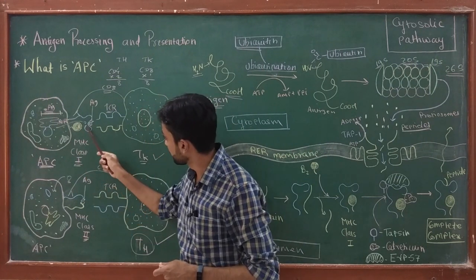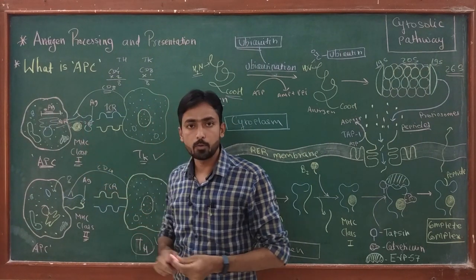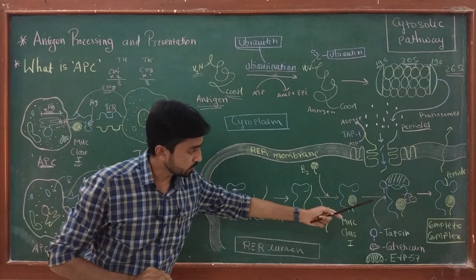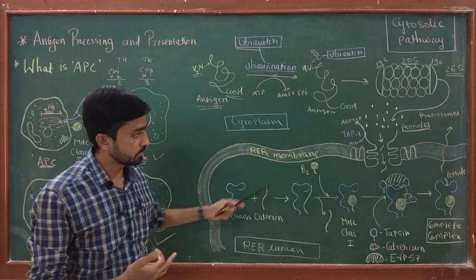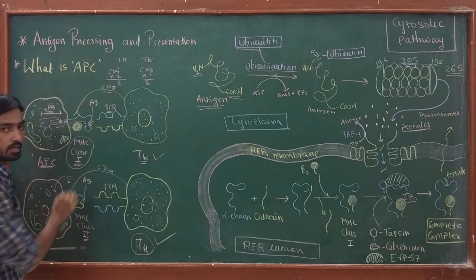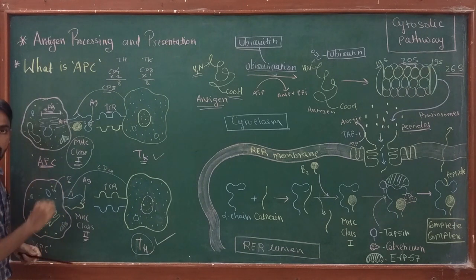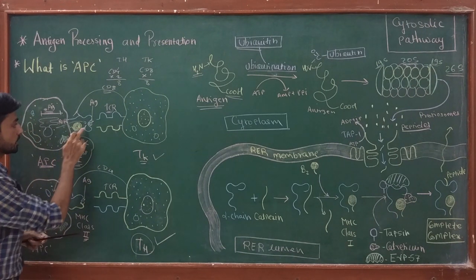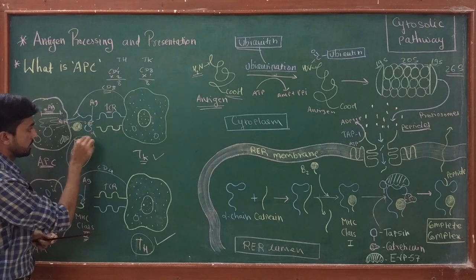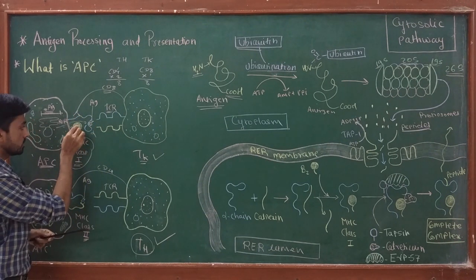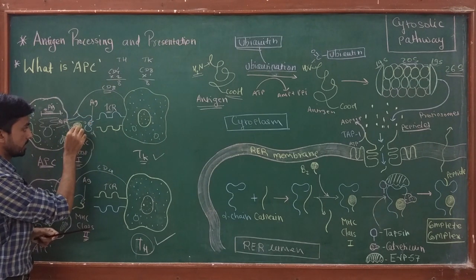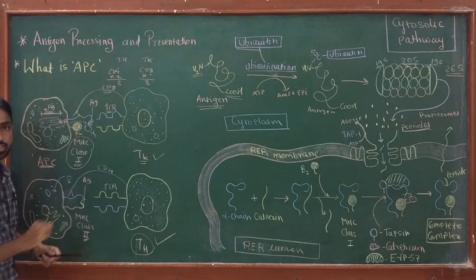MHC class 1 molecule, which I have shown here, is made up of two different types of chains. Before understanding the next half of the pathway, you should understand the structure of the MHC class 1 molecule. MHC class 1 molecule present on an antigen presenting cell has two chains. The long chain with 3 domains is called the alpha chain, while the short chain which stabilizes the alpha chain is called the beta 2 microglobulin chain.